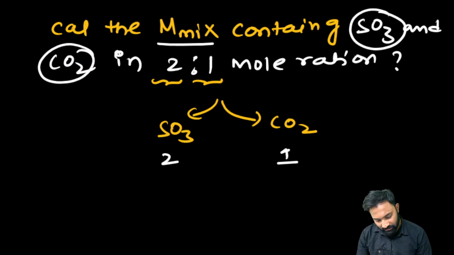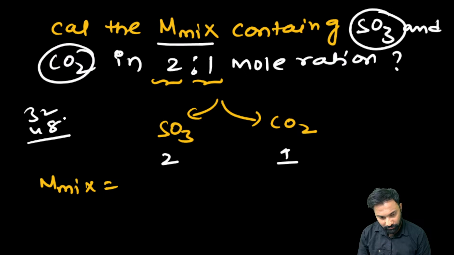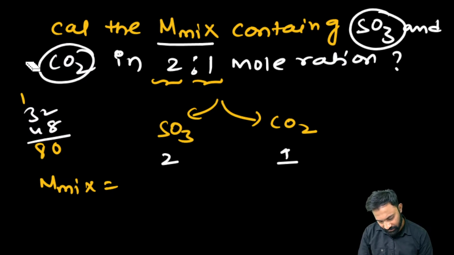First one I will explain, second one you try. M mixture is equal to, now M1 gas is SO3. SO3 molecular weight is 32 plus 48, which is 80.